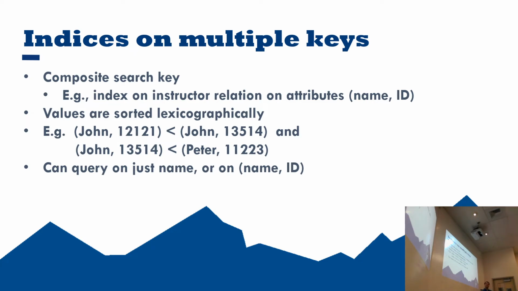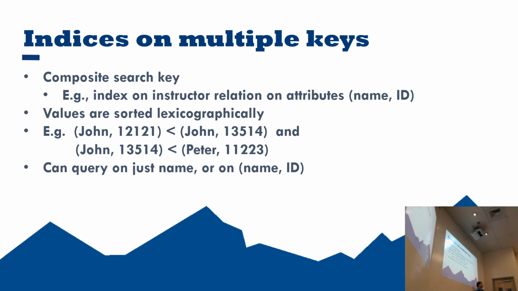And then you're sorting by the ID. So you see we have 1,200, 1,300, 13,000, 13,000 again, and then you're having the 11,000. So again, look at this comparison. This John is greater than this John. This Peter is greater than this Peter. Lexicographical order.